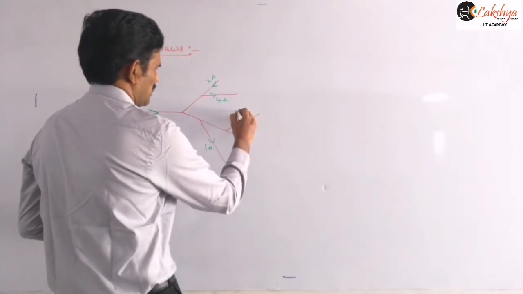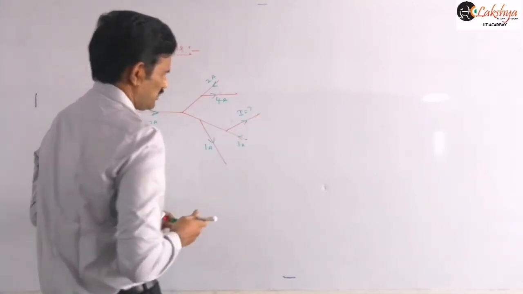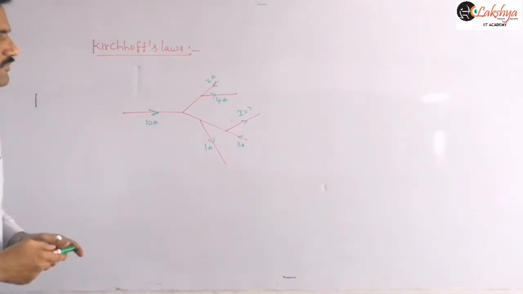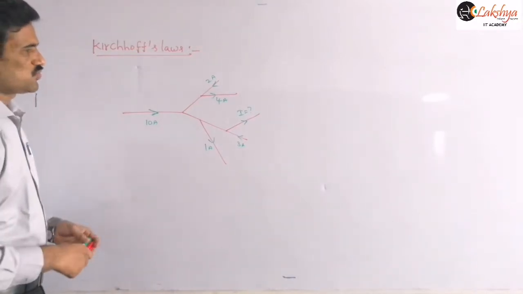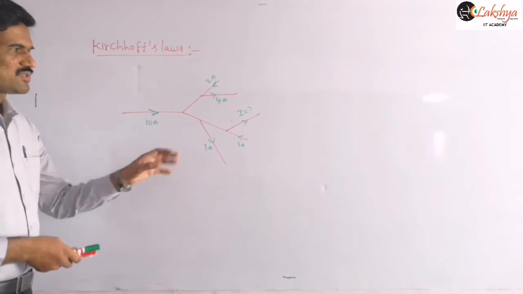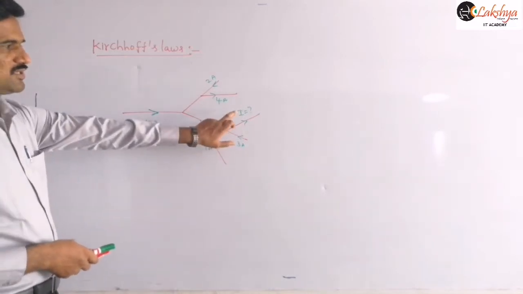So now here I am taking this as I, so we need to find this I value in that circuit. So in the branch of a circuit shown in the figure, find the I value.